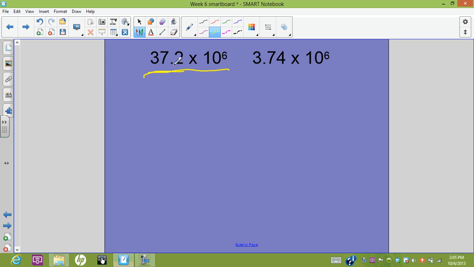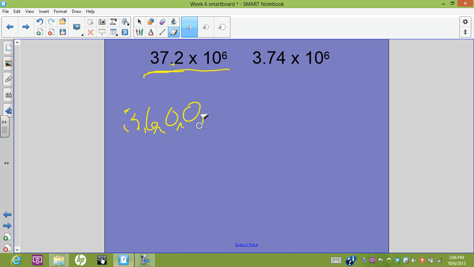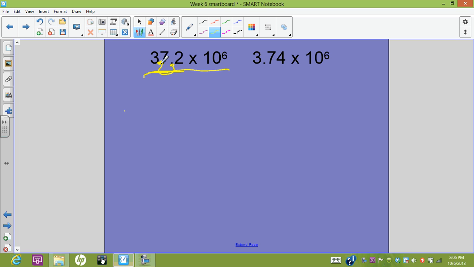So we're going to take our decimal place, just like if we were converting a regular number, say 3,600, into scientific notation. We would take a decimal point and bump it over. Well, we're going to be doing the same kind of thing here. We are going to take our decimal point in 37.2 and bump it over to be between the 3 and the 7. So our new decimal number is going to be 3.72.